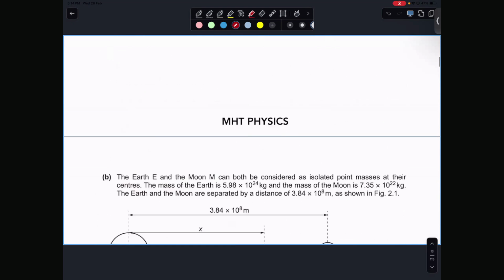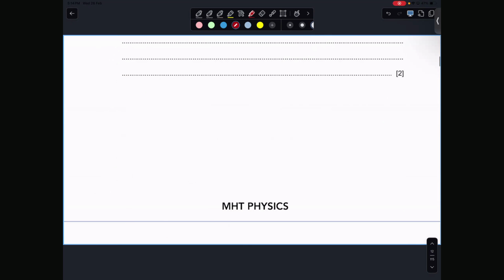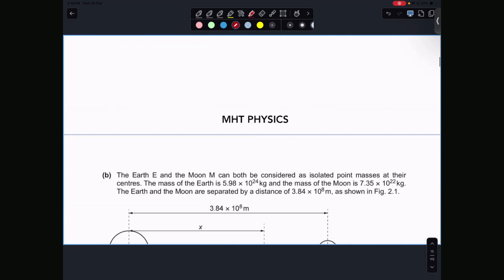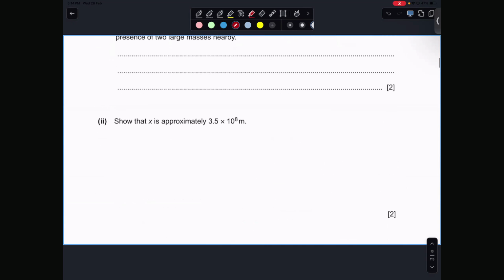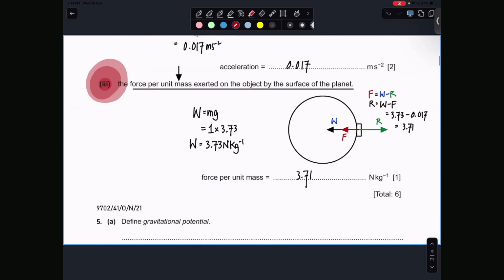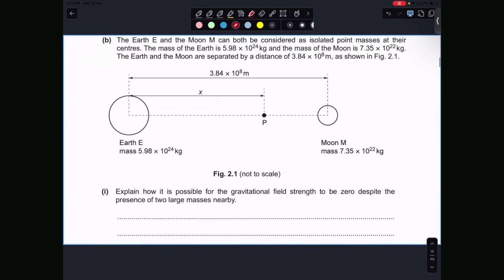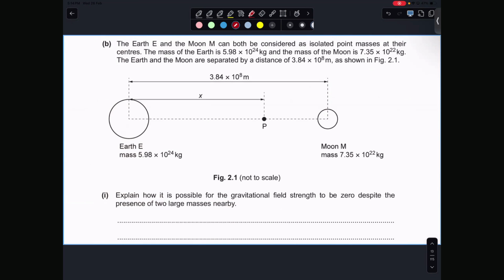Okay, just before I move on, question 5, do you have any problem in 5? Which one? B2. Show that x is approximately that distance. It says Earth E and the Moon M are both considered to be isolated masses and everything is provided here.